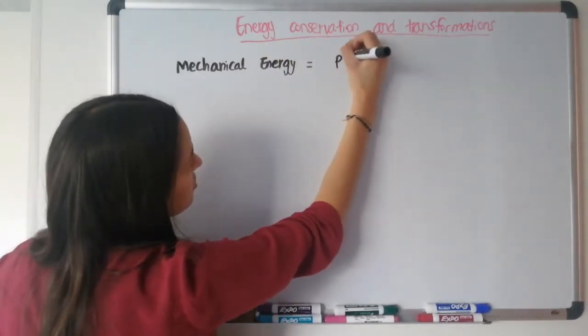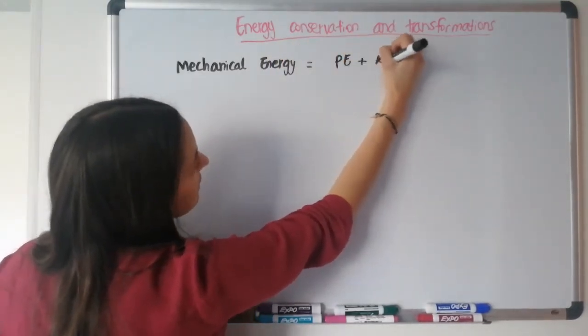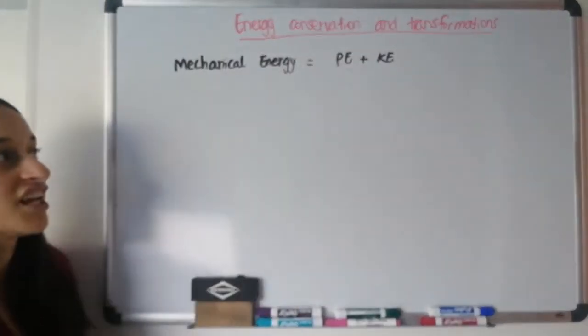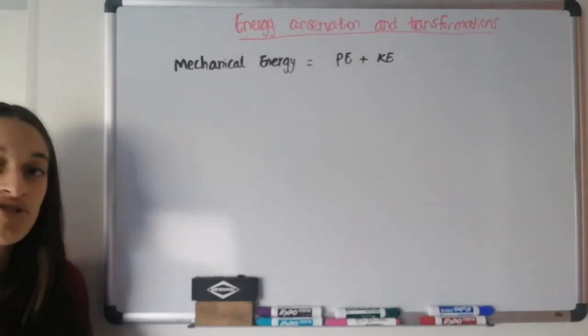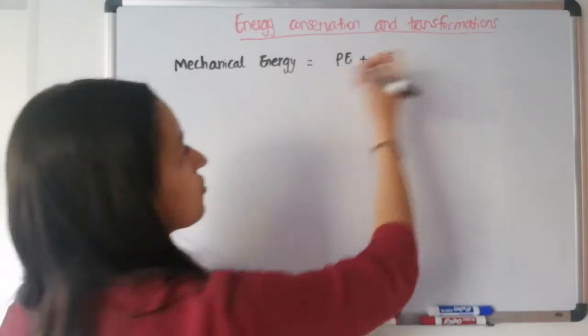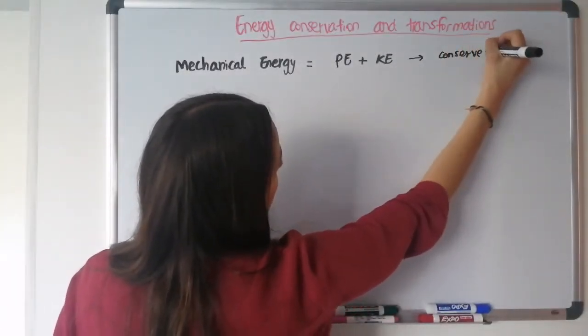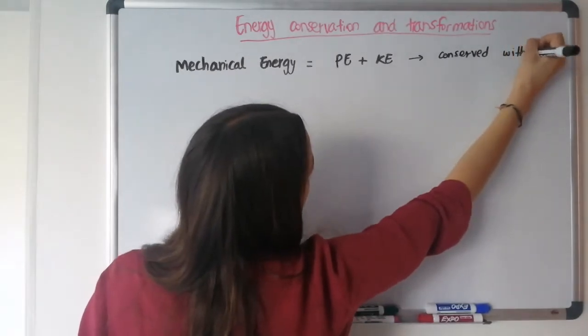So it was potential energy plus kinetic energy, and that includes all types of potential and all kinds of kinetic energy. And mechanical energy, we had said, is conserved when there's no friction.